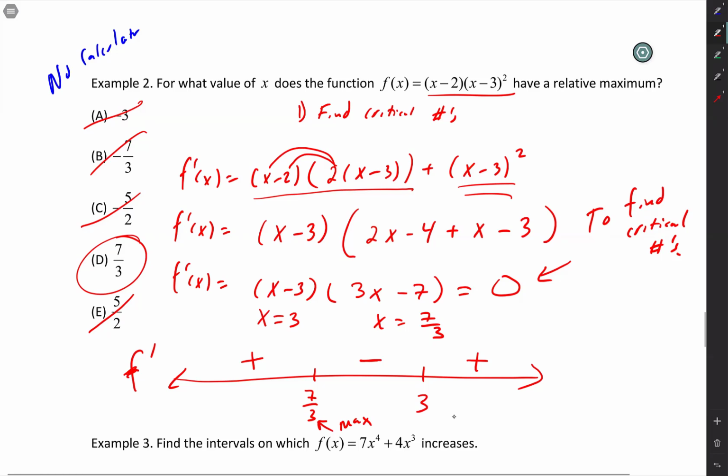And then at 3, I'm changing from negative to positive. So this has to be a min. How do we feel? Okay. Yeah, this has no absolute, guys, because it keeps going up forever and it keeps going down forever if you were to read right to left.